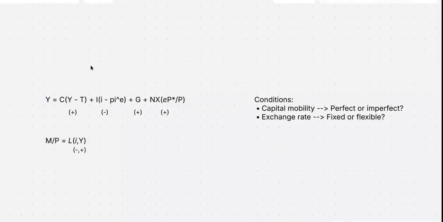In this case, we're going to assume that output is strictly positively dependent upon consumption, government spending, and net exports, whereas it is declining in investment, or the real interest rate, as I minus the expected inflation.